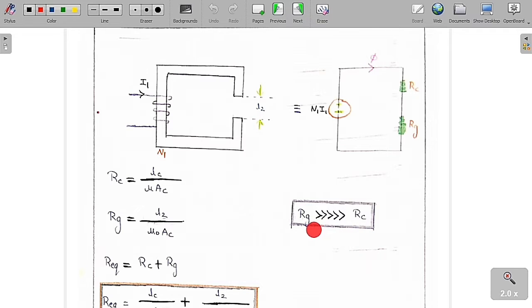The reluctance of the air gap is very high compared to the core, which is why the flux prefers to pass through the magnetic core rather than the air gap.